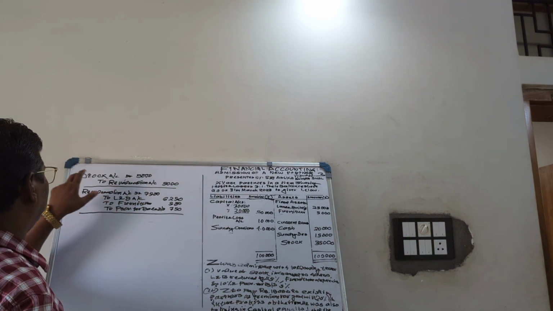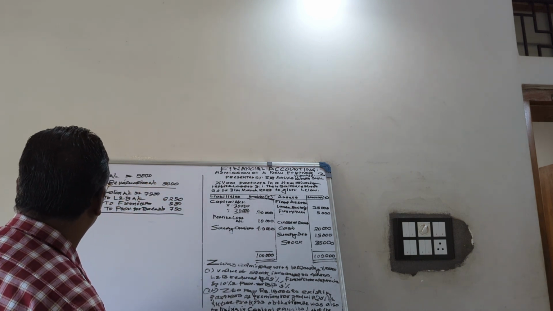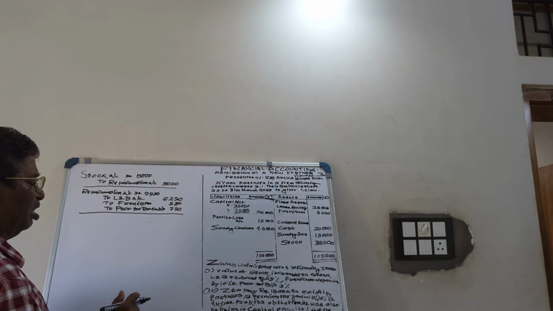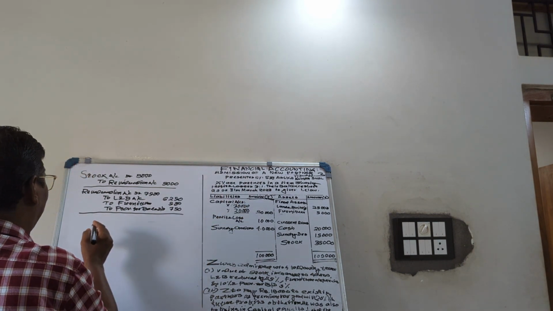Here in the revaluation account, the credit is 5,000 and the debit is 7,500. So this is a loss from revaluation. It will be adjusted from the capital accounts of the old partners in the old profit sharing ratio, that is 3:1.